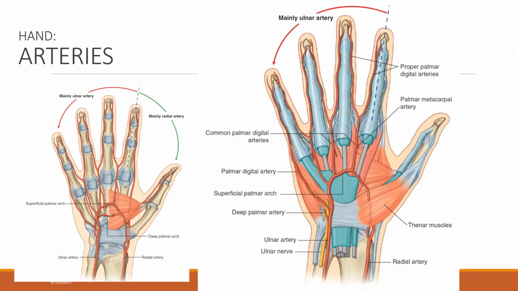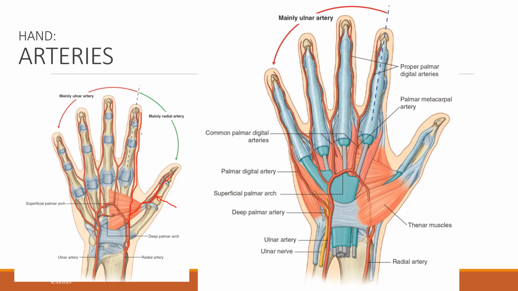Now, the radial artery, when it gives out the deep palmar arch, okay, from the deep palmar arch you will see these arteries coming out. This one is princeps pollicis, which goes to where? The thumb. And this one is the radialis indicus. Where does it go to?